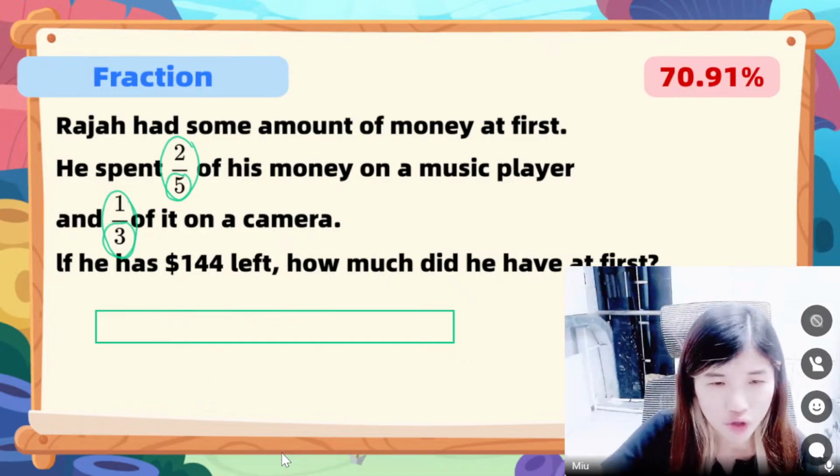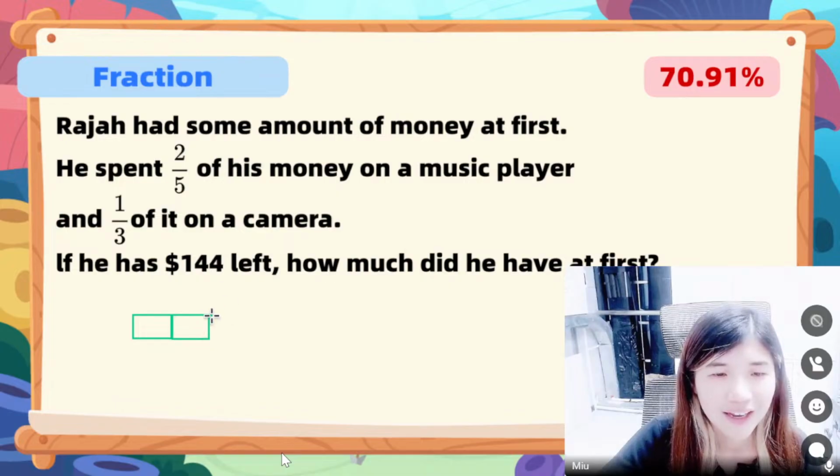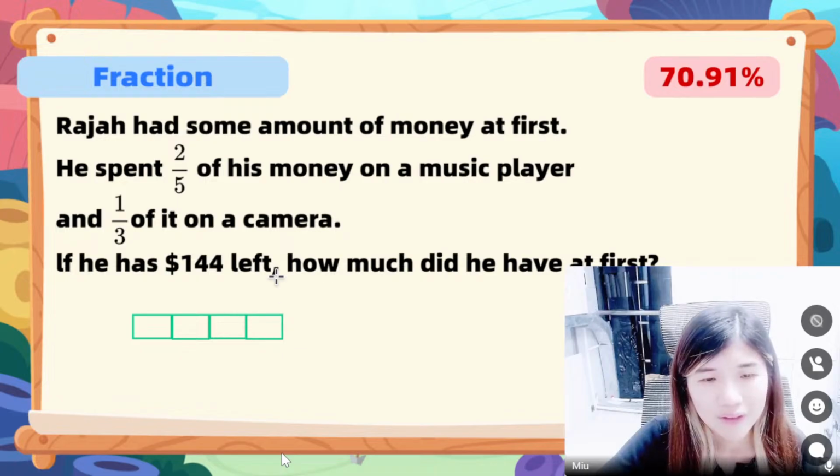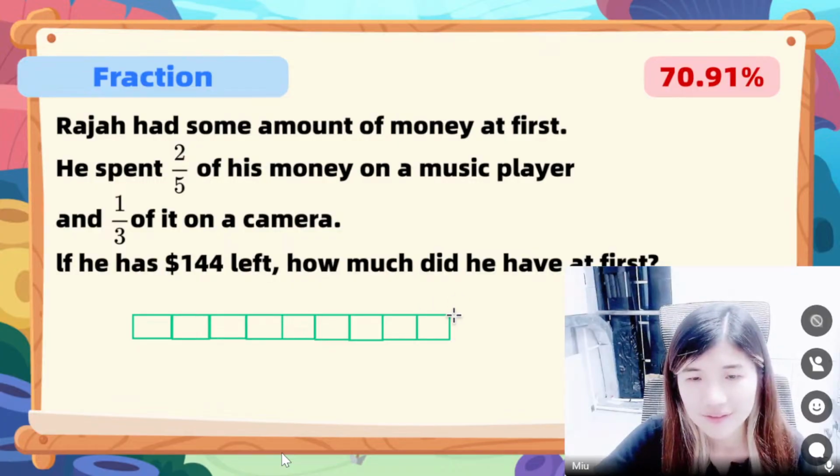So for this one, let me just do it part by part. So it's like this is 1, and then 2, and then 3, and then 4, and then 5, and then 6. Yeah, draw the models, especially what we are having for this week. 7, yeah, and 8, 9, and 10.